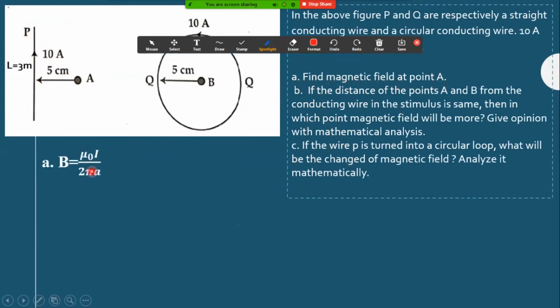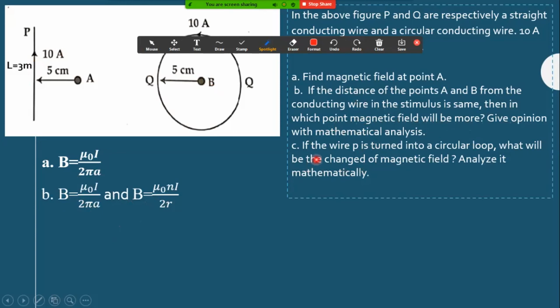We know this law for a straight wire, and if the distances of points A and B from the conducting wire in the stimulus are the same, then at which point will the magnetic field be more? Give your opinion, that is, a mathematical opinion. We are talking about the magnetic field for a straight wire and a circular loop, and this is the law for a straight wire and circular loop.